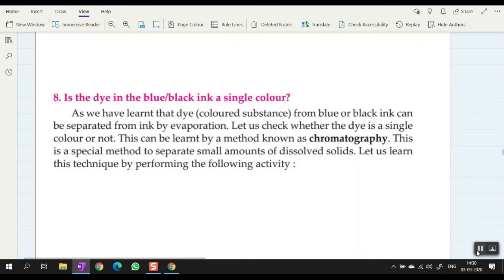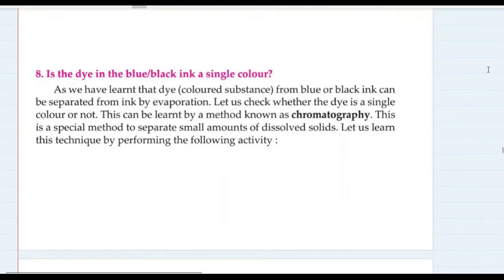Chromatography. Let's do this. Is the dye in the blue-black ink a single color? So in the first method of separation by evaporation, we examined ink. We took a sample of ink in a watch glass and heated it with a water bath, and all the liquid component was evaporated, and the solid residue which was left, we got it separated.